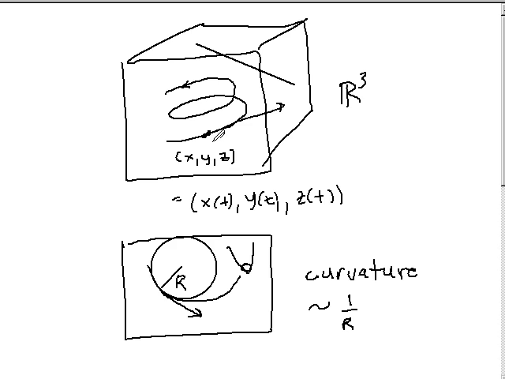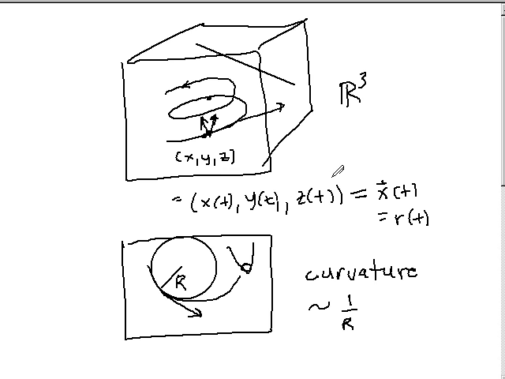Now in 3 dimensions, it's a little bit harder to develop this concept, but you have the idea of a tangent to the curve at a point. You have a normal to the curve, and then these two determine a plane, and you have a binormal, and so you have a little 3-dimensional coordinate system moving along every point of this curve.